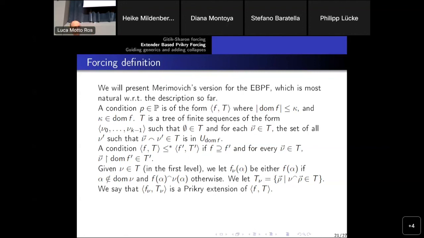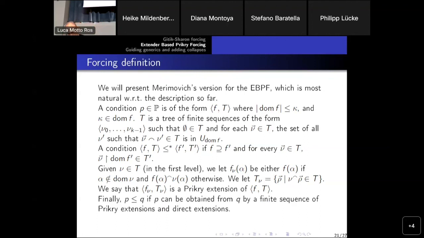It might look a bit weird now, but it's actually a pretty straightforward translation of what we did in the iteration to the language of forcing. Everything that we did in the iteration translates to a piece of the definition here. And eventually the order of the forcing is just the transitive closure of those two possibilities, either taking a direct extension or taking a non-direct extension.